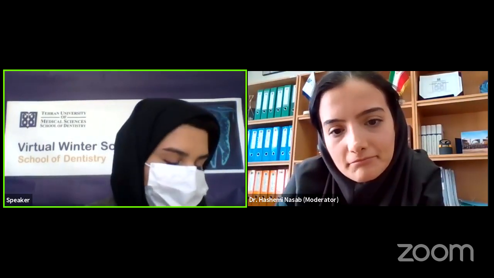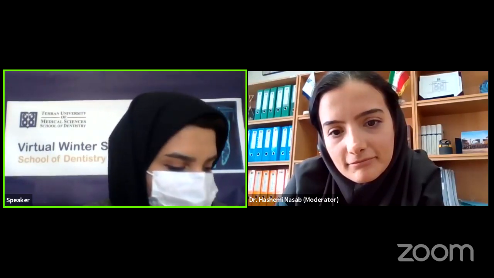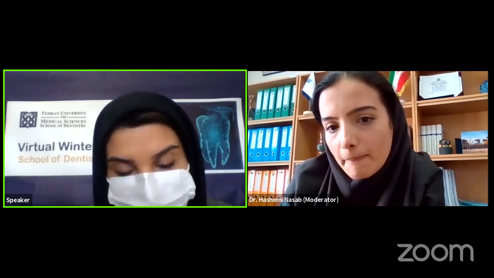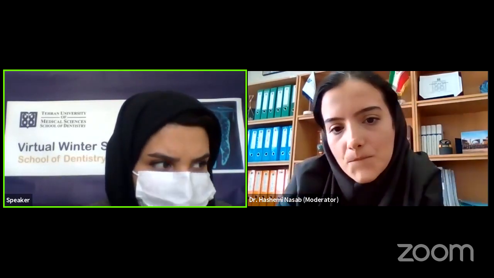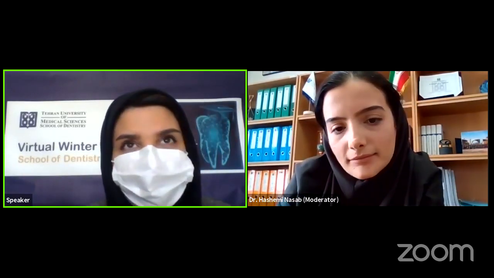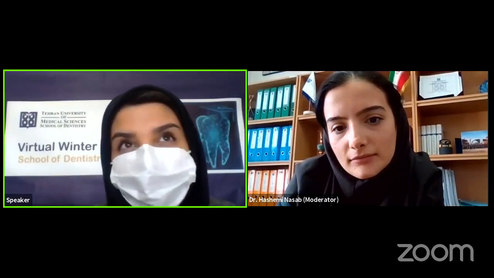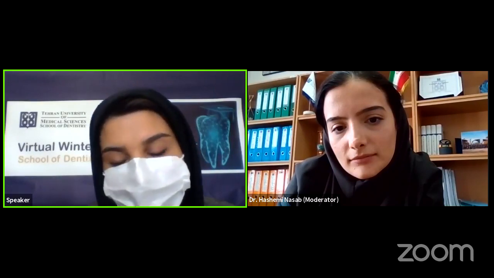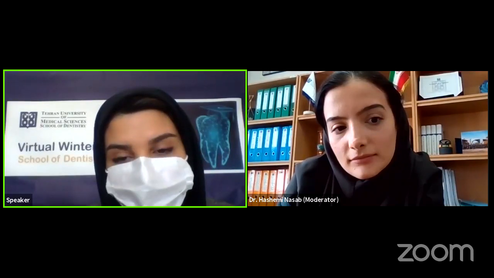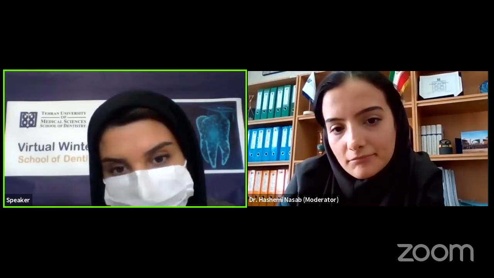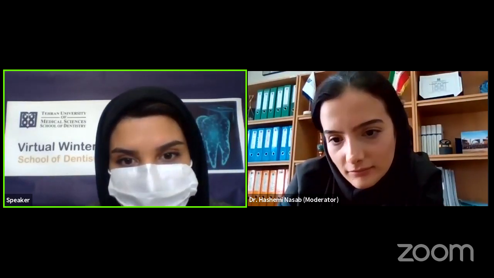Yes, of course. I decide the best position for the implant, the one that saves bone. For example, in the slide we showed that the position of the root of the tooth may be buccal, okay?